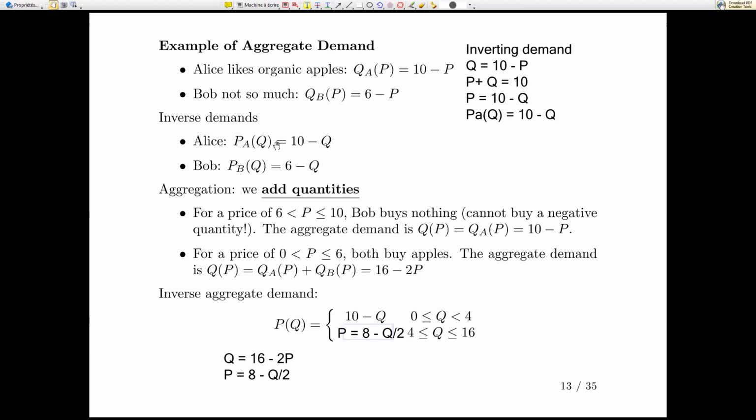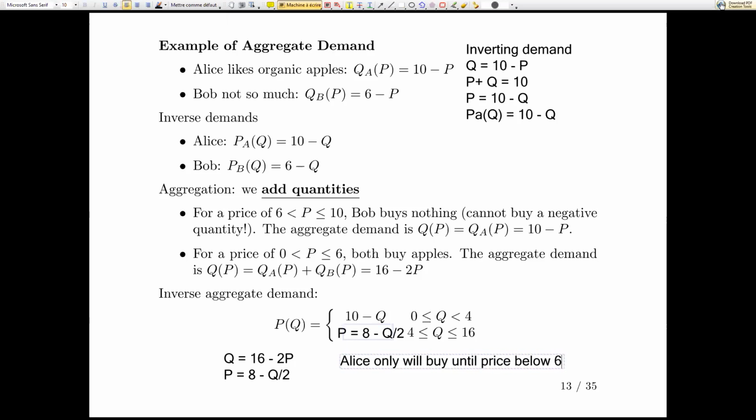How do you find that in terms of apples? Well, you say that the price, which is equal to 6, has to be equal to 10 minus Q, so you get Q equals 4. So how do you find this 4 there? You know that Alice will only buy until the price is below 6.